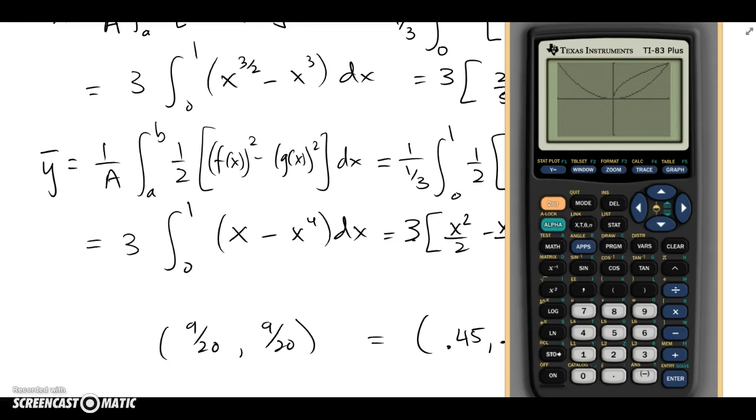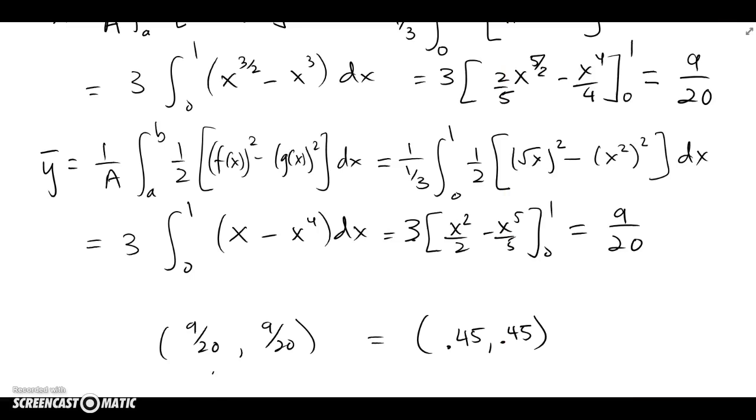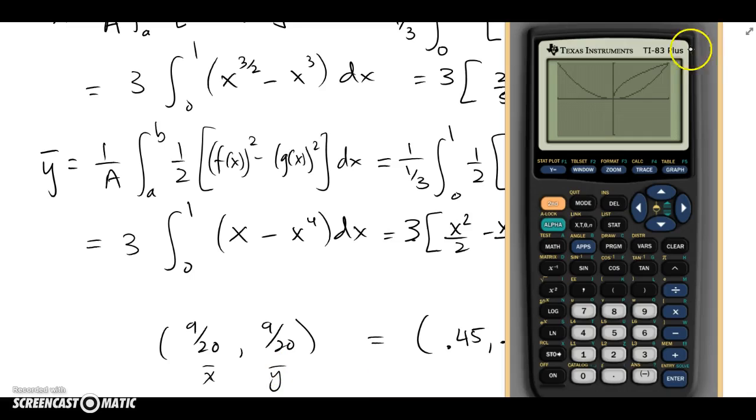I went in and zoomed in a little bit more. Now, why does it make sense that the x-coordinate and the y-coordinate of the centroid were the same? Well, notice there's symmetry going on here. There's a line of symmetry about the line y equals x. And we had said that if there's symmetry involved when we were doing the derivations, your centroid would have to lie on the line of symmetry.